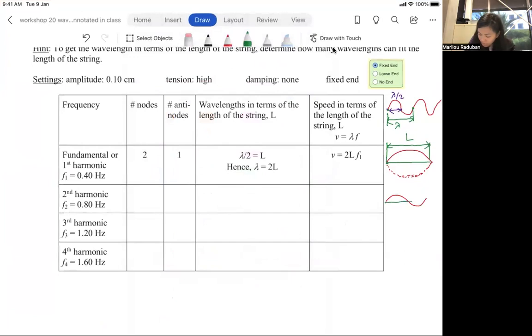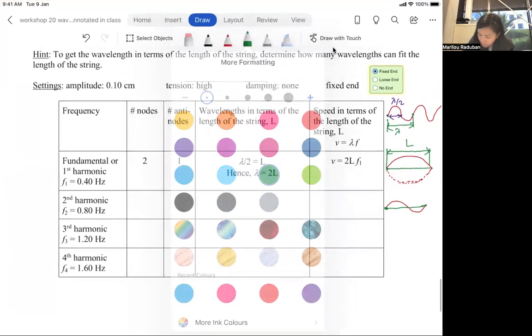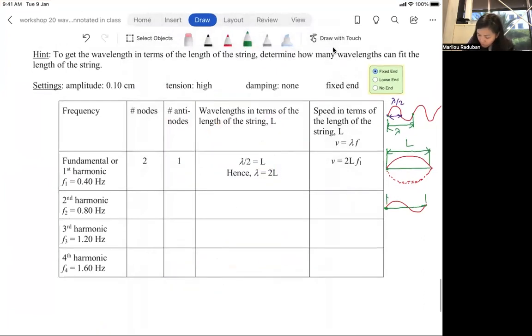And if this is the length of the string, that's the length L of the string. Notice how you have one wavelength inside the length of the string.